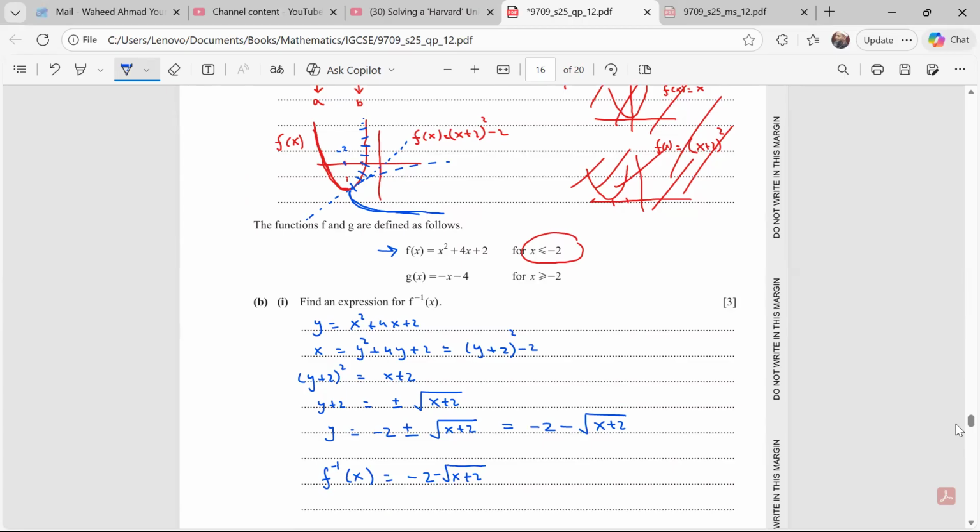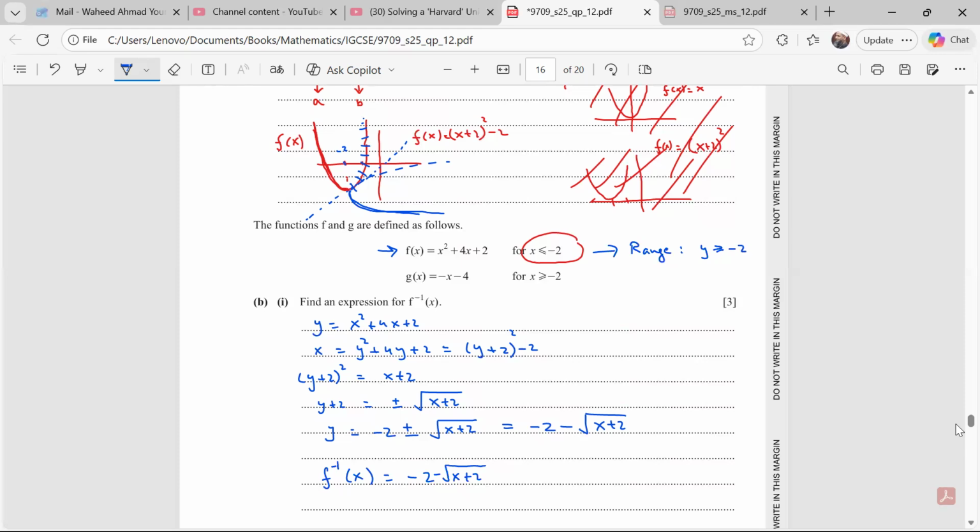Okay, and you can see that here, whatever was the range here, same would be the domain here. Sorry, whatever was the range of this function, it was y greater than or equal to minus 2, right?